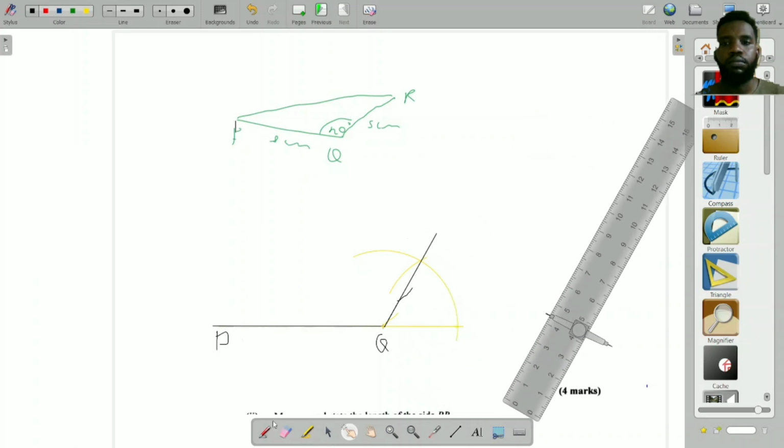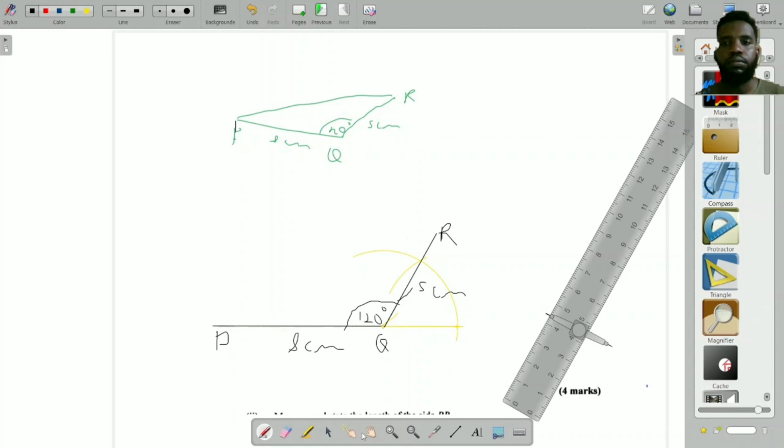Alright, a little off, but up here now I could simply put on my labels. So that's PQR. I could call this R. Of course, this is 5 centimeters. This is 8 centimeters. Let me put on that as well.